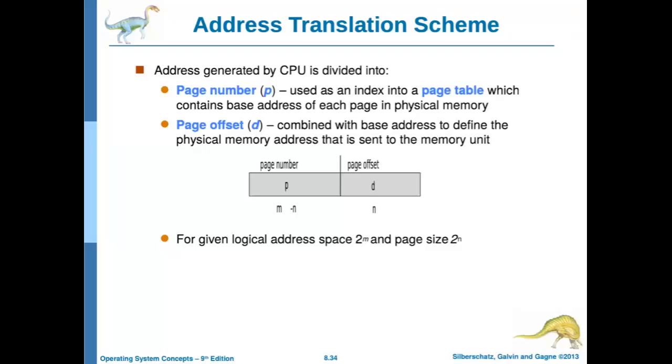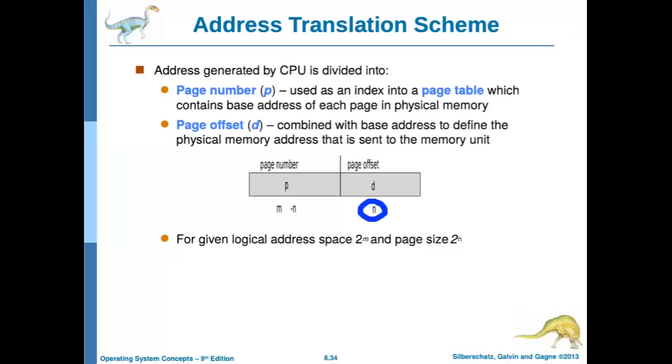So for a given logical address space of 2 raised to m and page size of 2 raised to n, the number of bits is simply divided. For example, the page offset number of bits mentioned in the diagram, let me highlight it, is n.